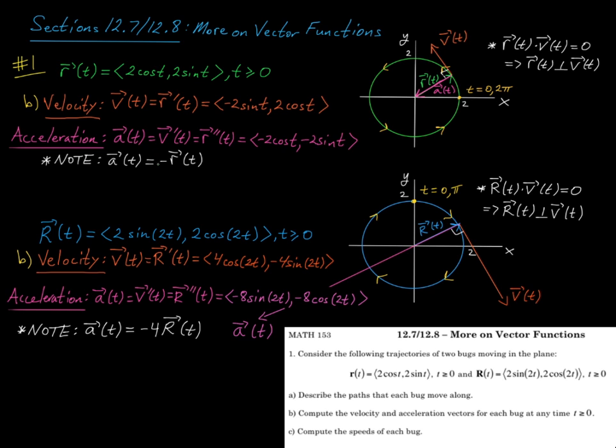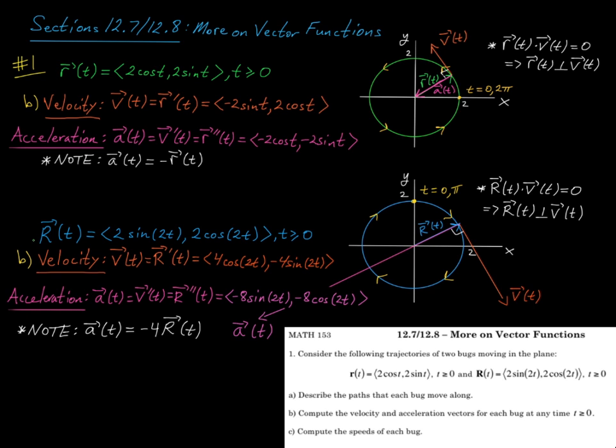So the acceleration vector is simply the negative of our position vector. That implies that the acceleration vector will always point directly towards the center of this circle. And in this case, the magnitude of the acceleration is equal to the magnitude of the position vector.